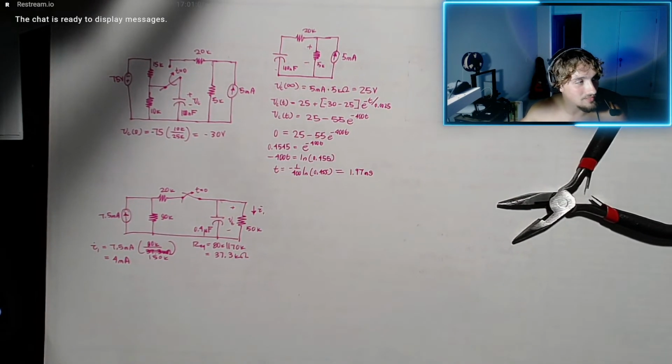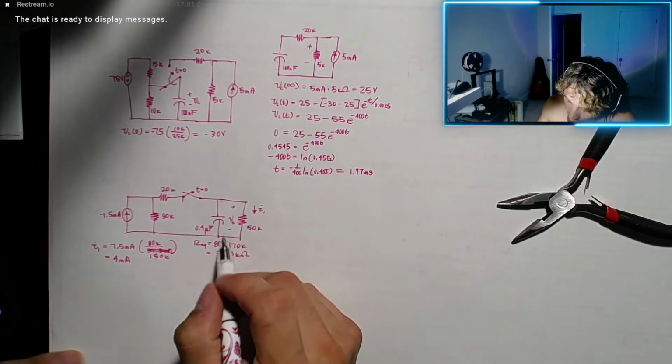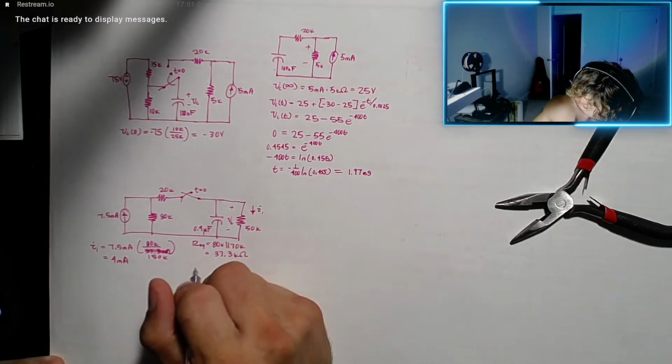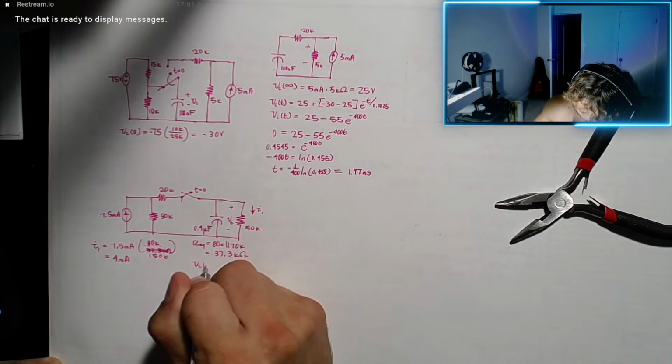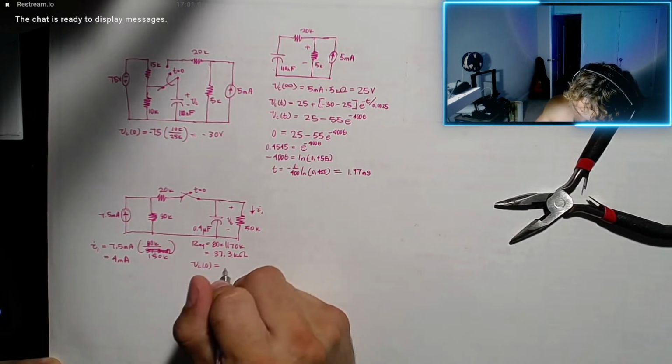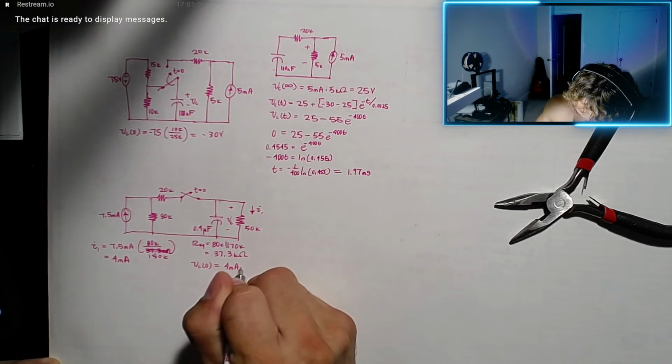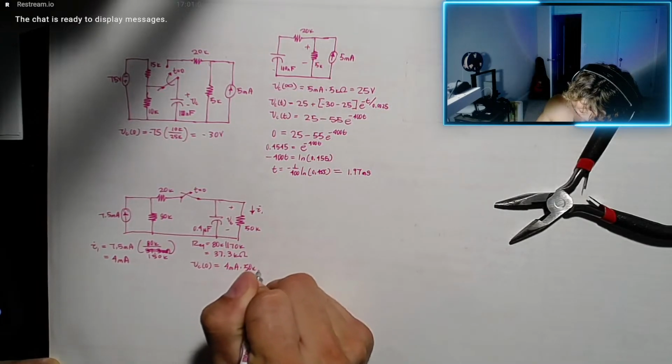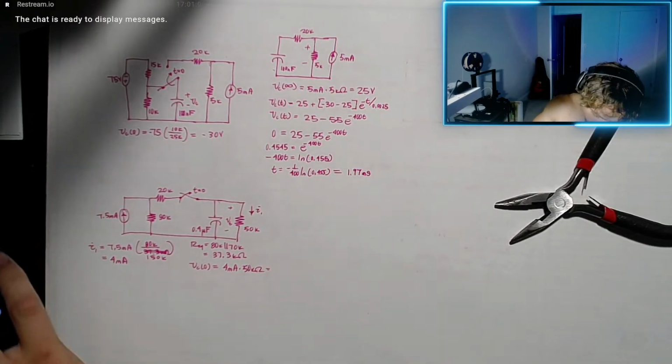That's close enough. So 4 milliamps, and so VC of 0 equals 4 milliamps multiplied by 50K.